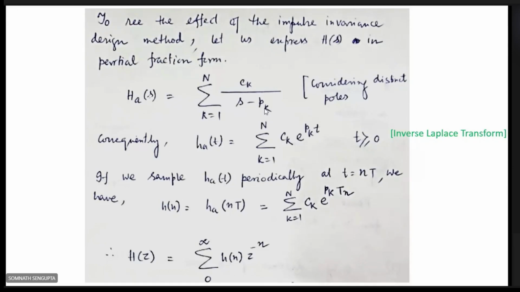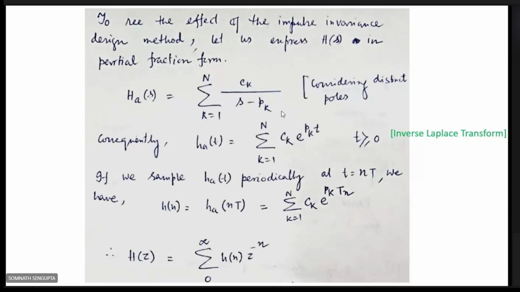Now if you take the inverse Laplace transform, then according to the formula, 1 by S minus A in the frequency domain is e to the power at in the time domain.